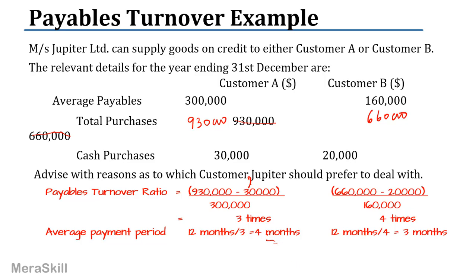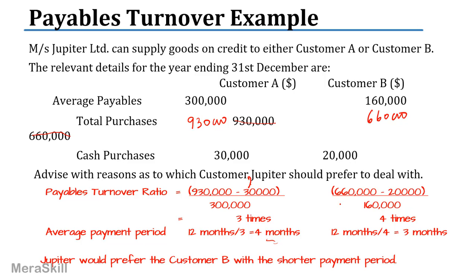Yes or no? So customer A, so if Messrs. Jupiter needs to supply, he will prefer to supply to B, because B will make payment faster.